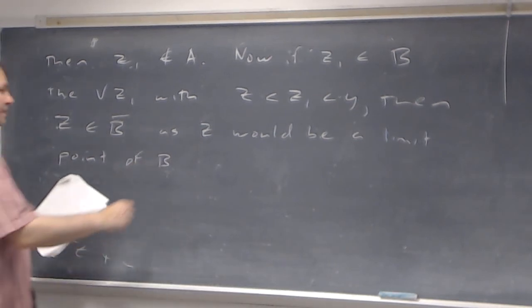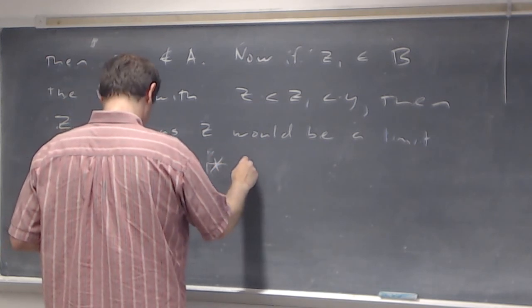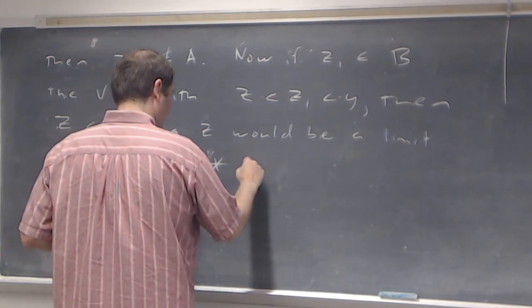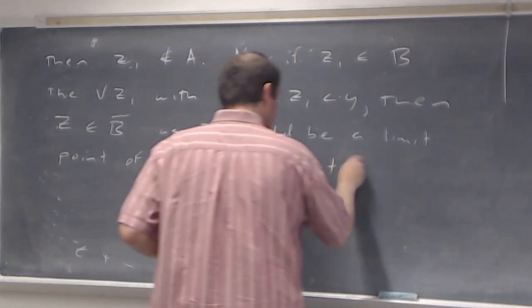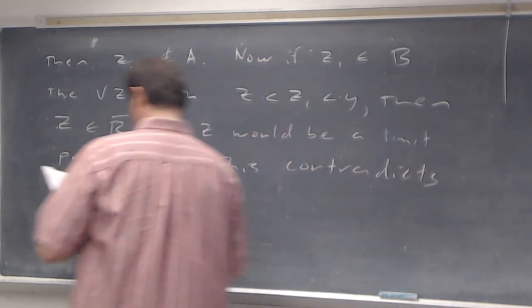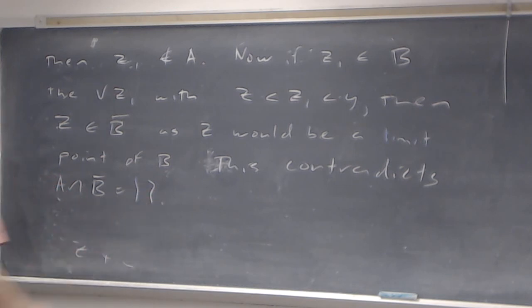And this would be a contradiction. What does it contradict? Let me write it out in words. This contradicts A intersect the closure of B being equal to the empty set, as we're supposing in this case that z is in A. Okay?